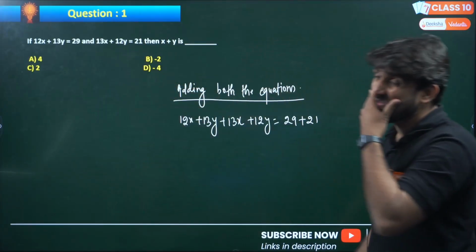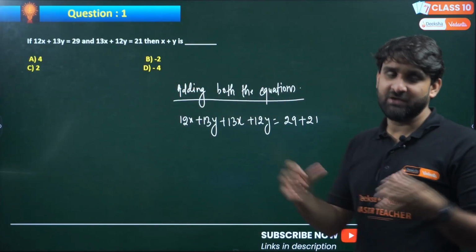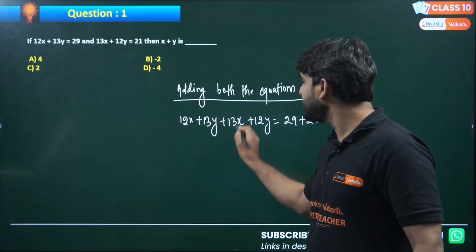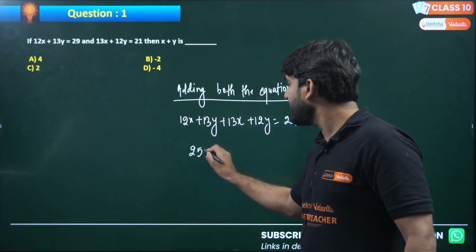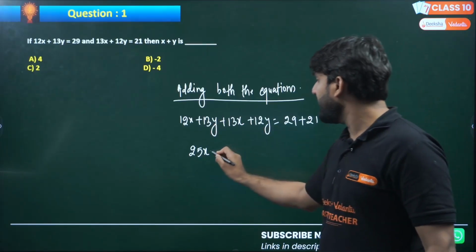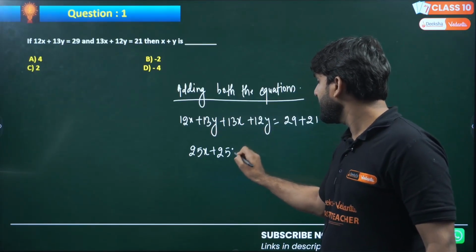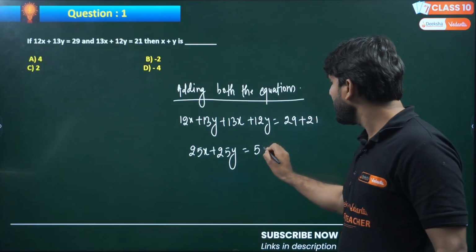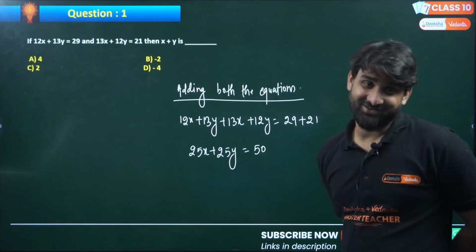Right side is adding with right side, left side is adding with left side. So 12x plus 13x has become 25x. Agree? And 13y plus 12y is also 25y, is equal to 29 plus 21. Oh my god, this is 50, right?